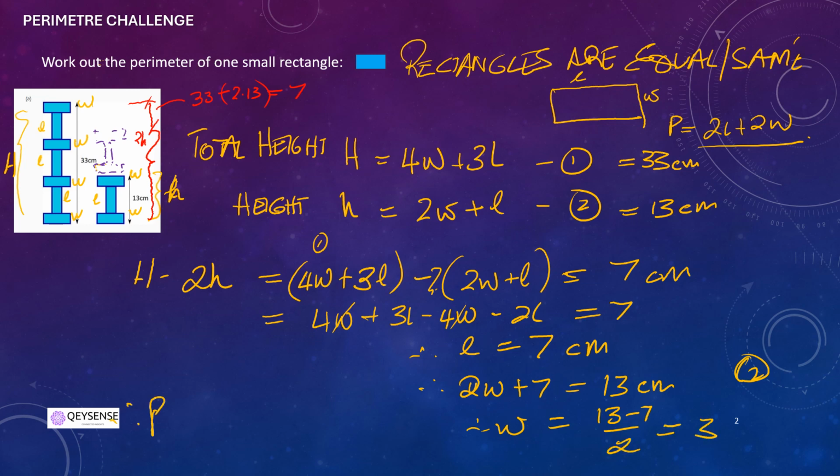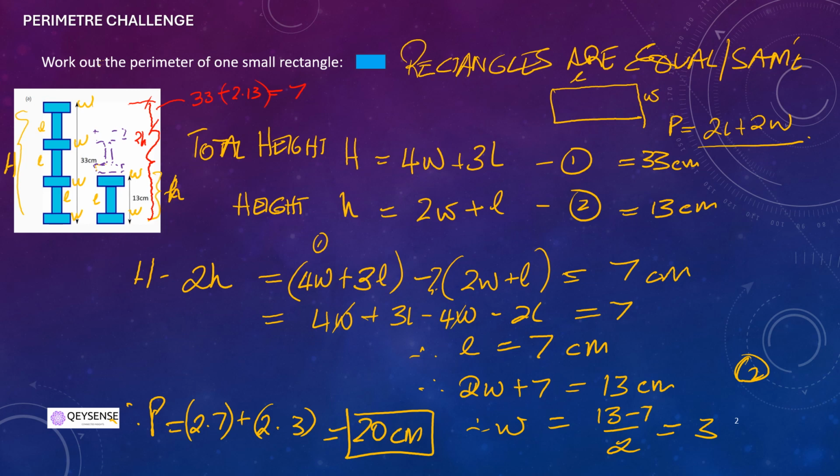And therefore the perimeter is simply 2 times 7 plus 2 times 3, which equals 20 centimeters. So that solution was really using very little knowledge provided and the relative shapes and heights of what was provided to derive the perimeter of the little rectangles.